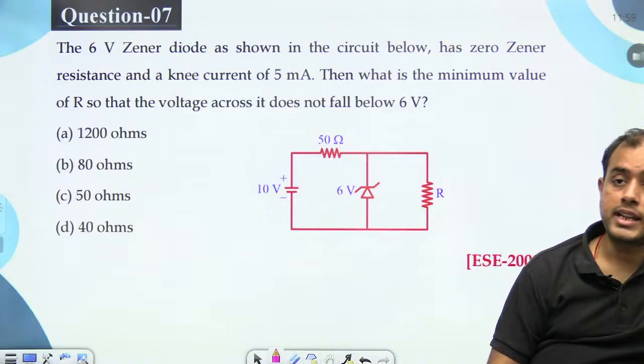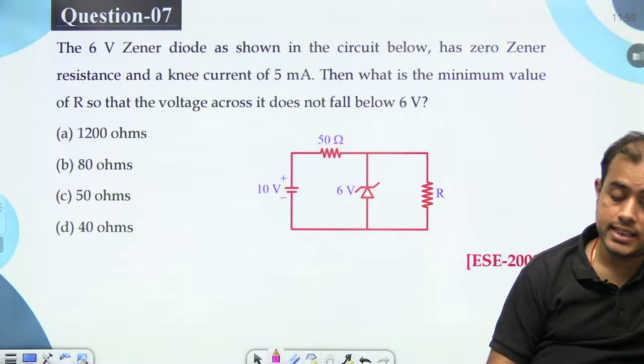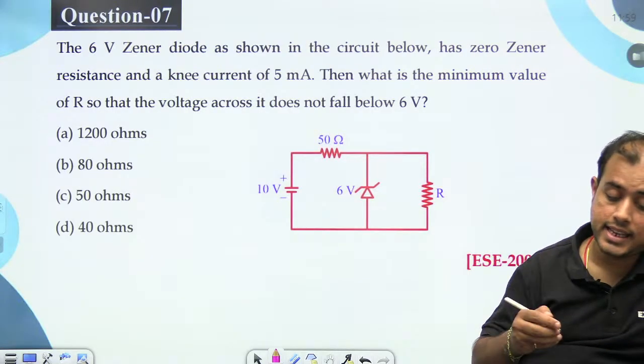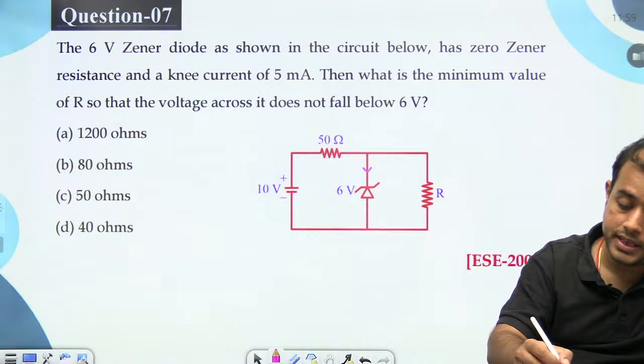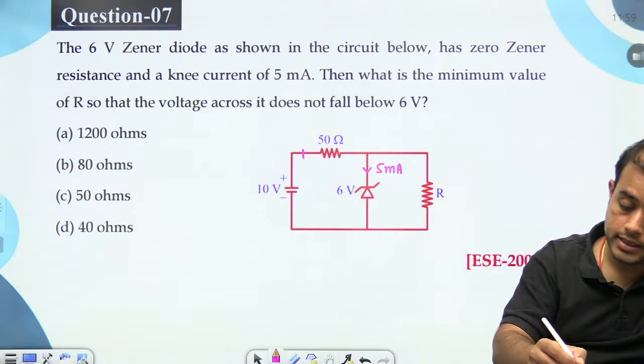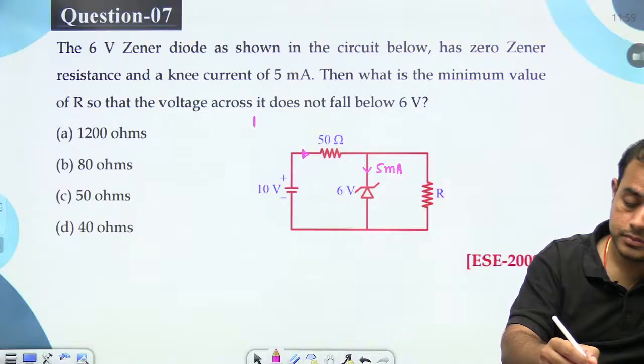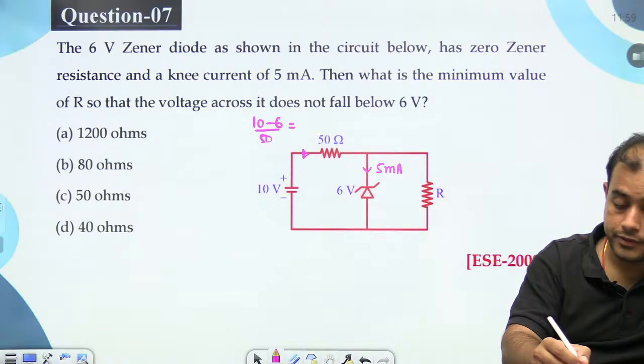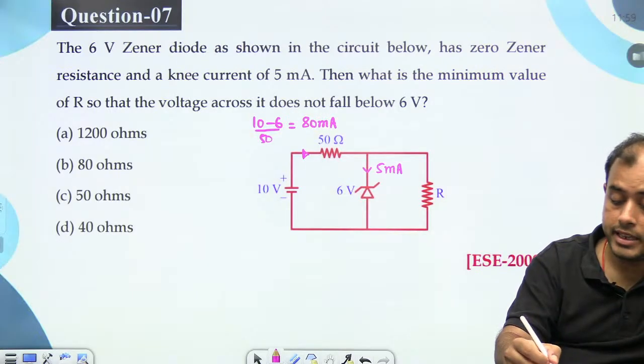The 6 volt ESE 2009, again Zener diode has zero resistance, knee current of 5 milliampere. So what is the current from here? 4 by 50, 80 milliampere.